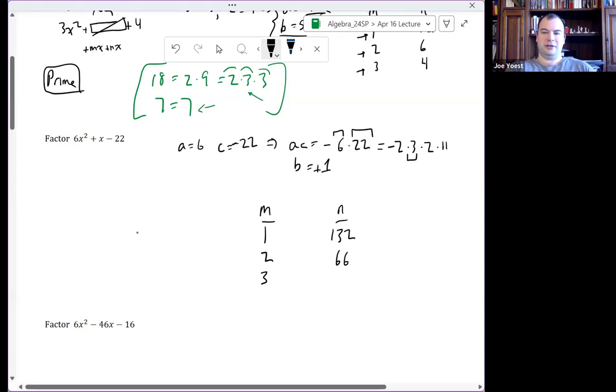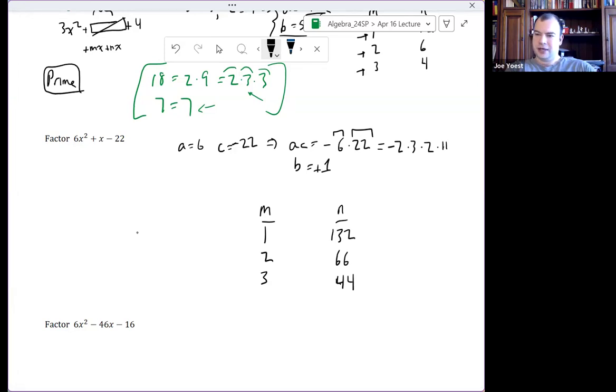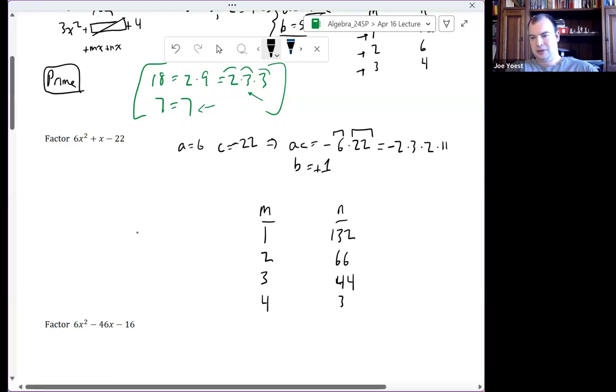If I use up that factor of 3, that leaves me with 2 times 2 times 11, or 44. Can I make a factor of 4? Yeah, I can combine this 2 with that 2 to make a 4, leaving me with 33. So 4 times 33, leaving me with 11 times 3.